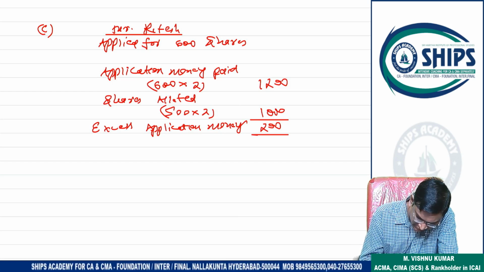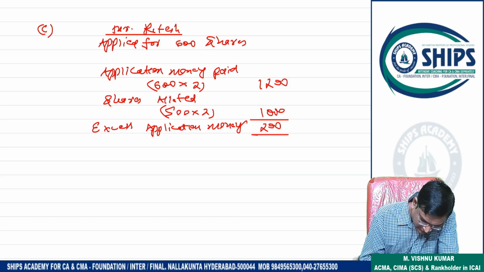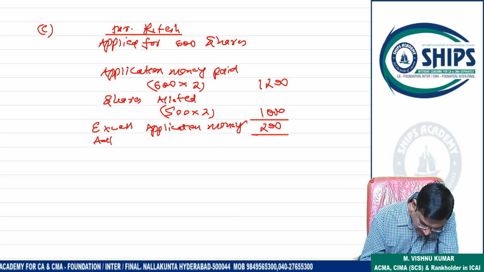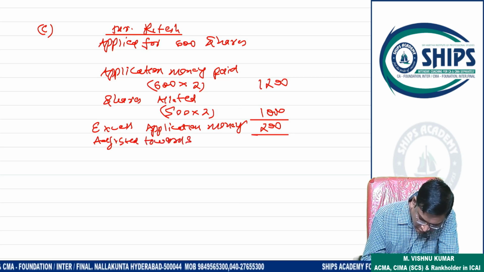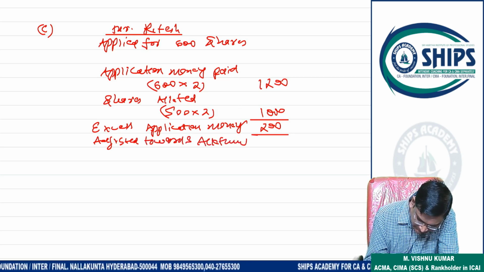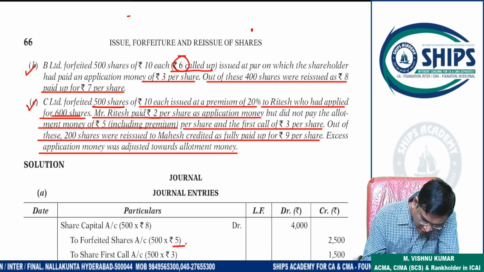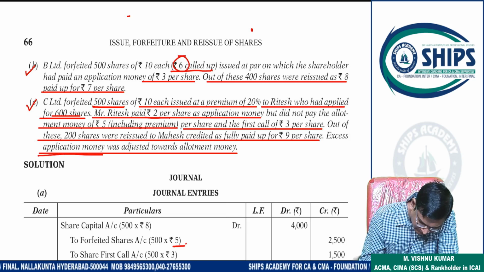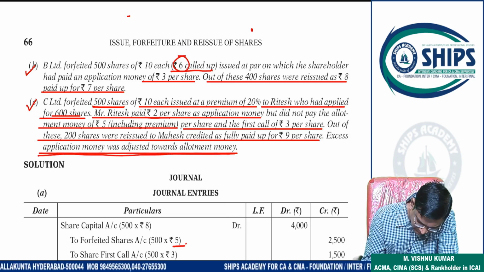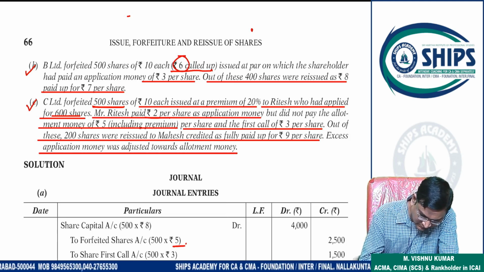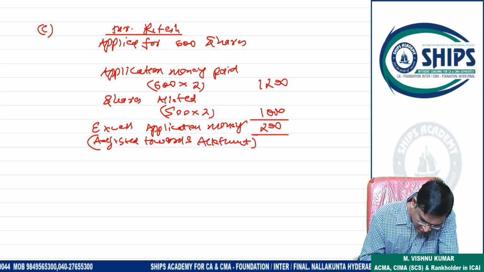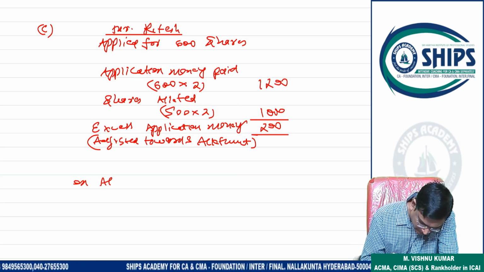So this will be adjusted towards what? Allotment. This is adjusted towards allotment, because in the question they mentioned the application money was adjusted towards allotment, right? Now how much amount Mr. Ritesh has to pay on allotment?